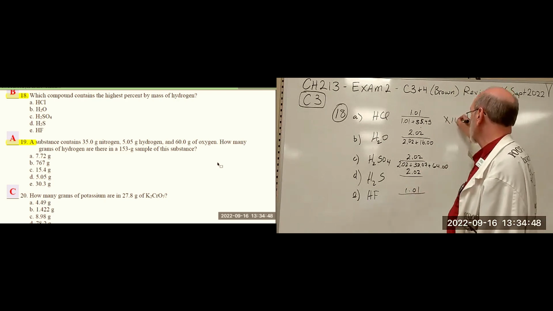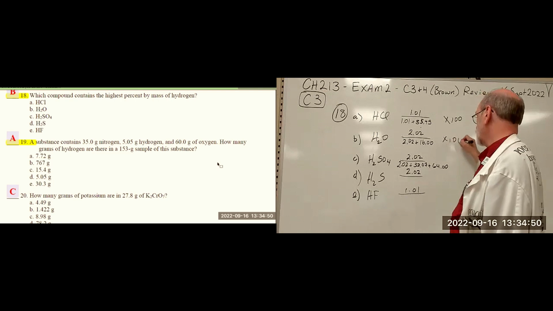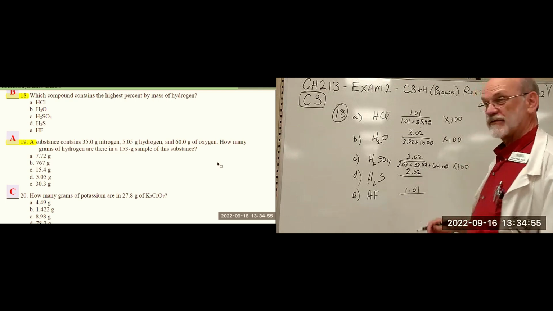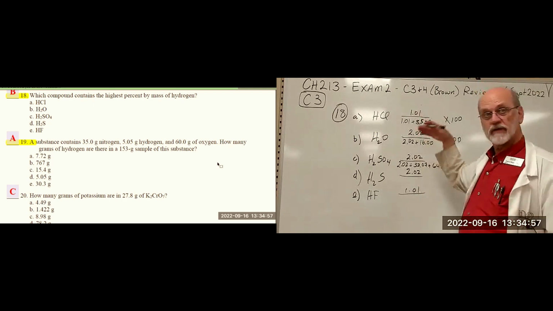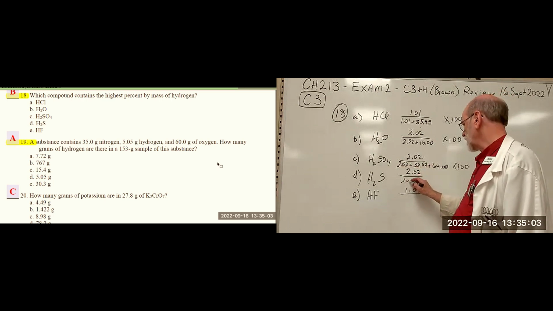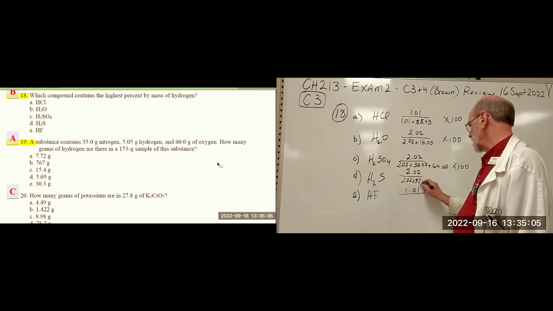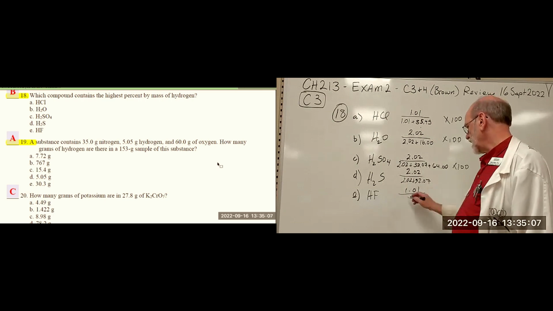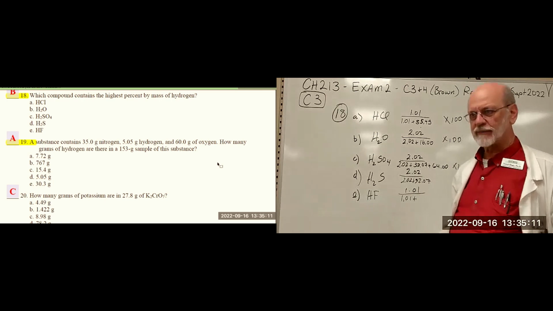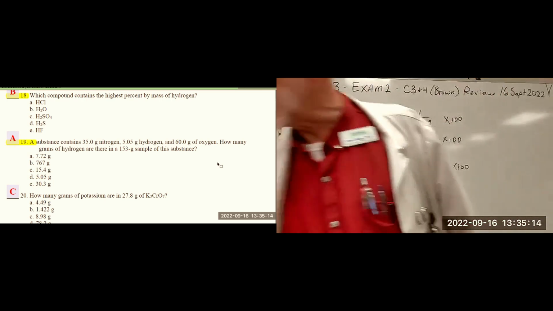And all of these are times 100 if you want to put it in percent. You really don't have to if you're just comparing one to the next. Sulfur, I said sulfur was 32.07. 2.02 plus 32.07, and then 1.01 plus fluorine is 19, I believe. Yeah.